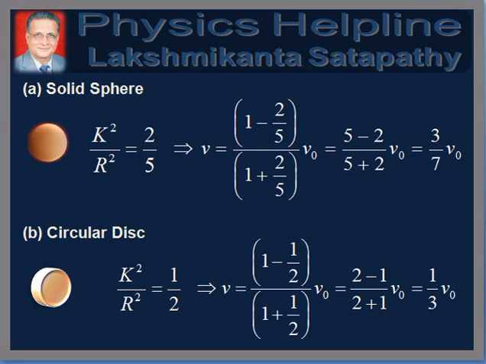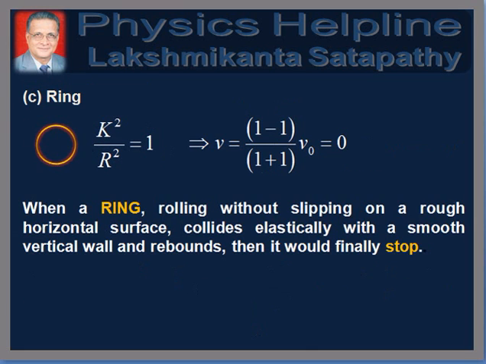Therefore, v is equal to 1 minus 1 by 2 divided by 1 plus 1 by 2 into v0, which is equal to 1 by 3 into v0. And for a ring, k square by r square is equal to 1. Therefore, v is equal to 1 minus 1 divided by 1 plus 1 into v0, which is equal to 0.